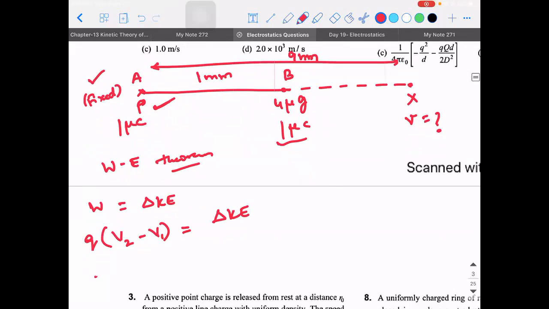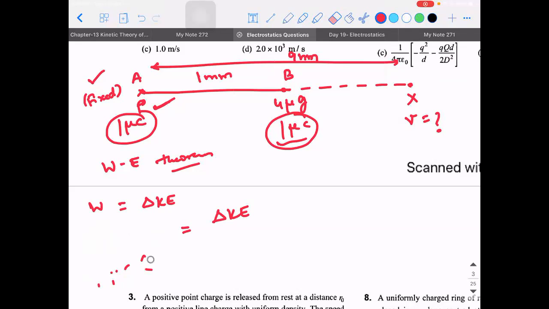So Q is how much? This 1 microcoulomb is the one which is experiencing the force. 1 microcoulomb into, what is V2? What is the potential due to a point charge at a particular place? KQ by R. Yes. Instead of that, can I write it as U2 minus U1 is equal to delta K?